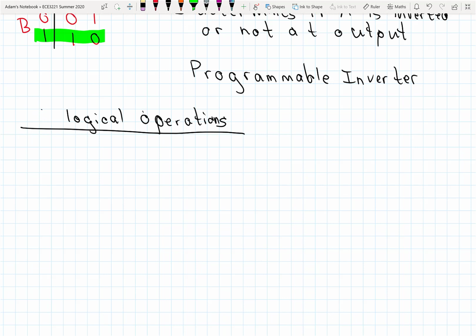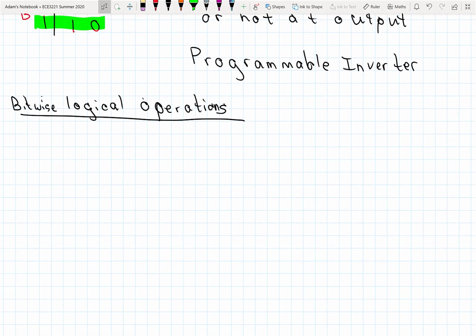Bitwise meaning we're doing it bit by bit. Okay, so I'm going to use the same 4-bit value for A. So I'm now assuming I have 4 bits in my system. Each one of those bits can be a value of 1 or 0.